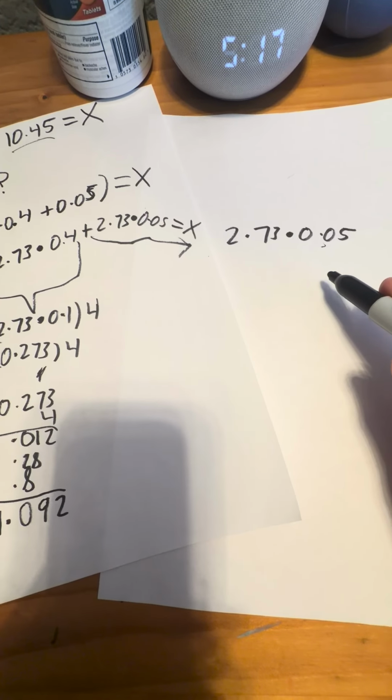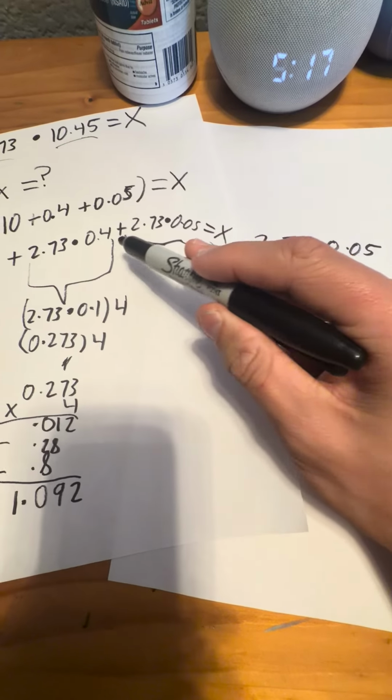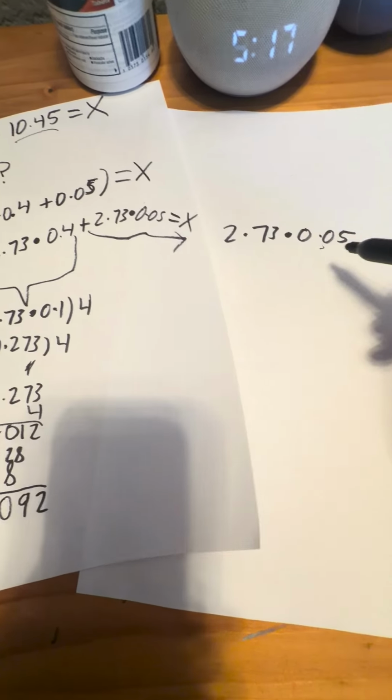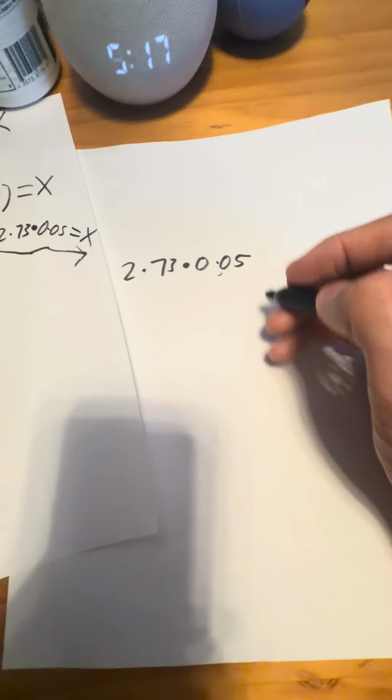Okay. So we could do the same thing again, like splitting the 0.4 into 0.1s, and that's what I'm gonna do.